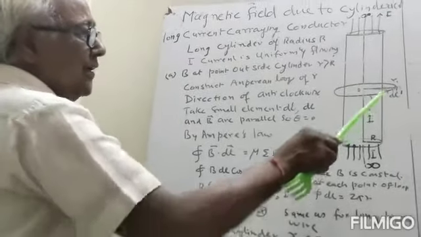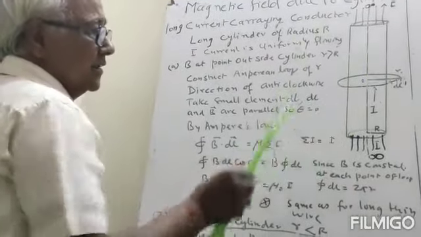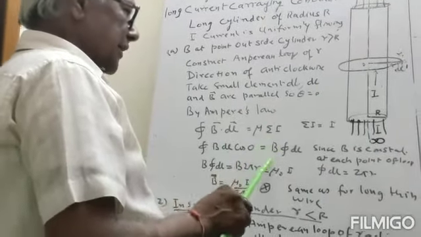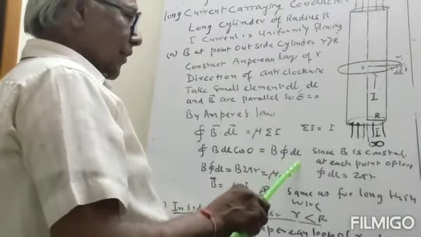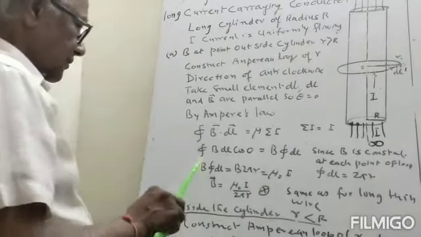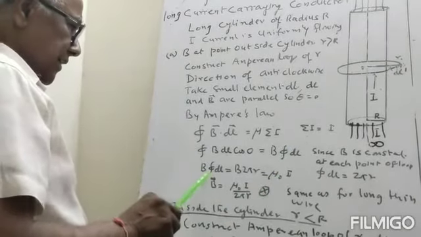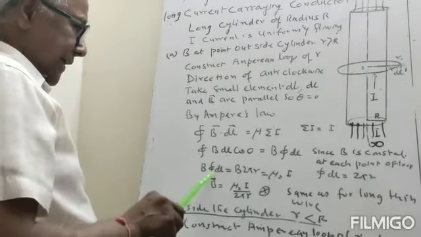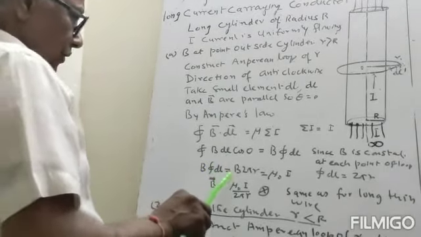Now B is constant for each point on the Amperian loop, so we take B outside. So B times the line integral of dl.